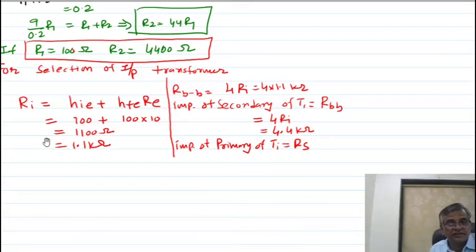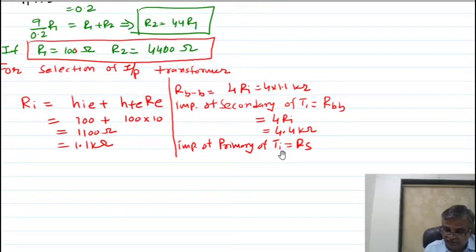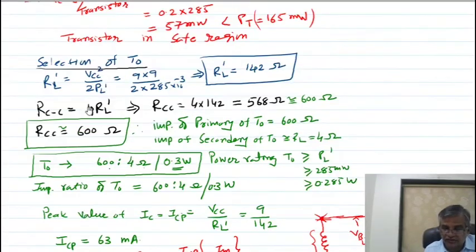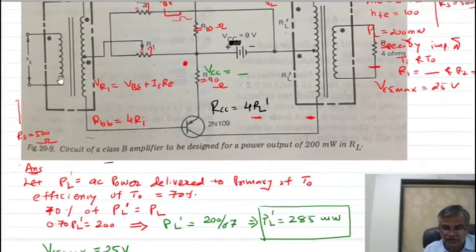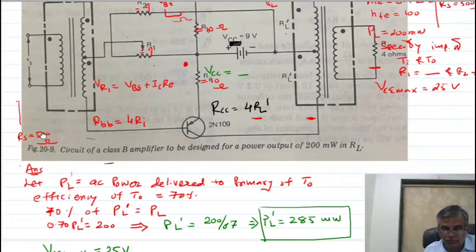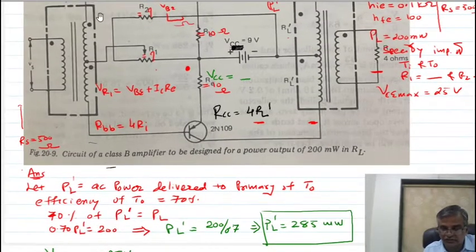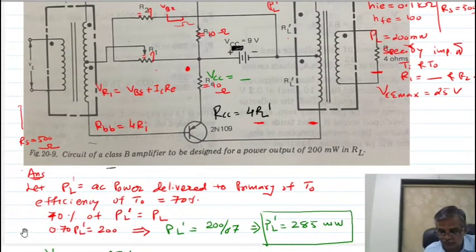According to the maximum power transfer theorem, the impedance of the primary of TI should be of the order of the source resistance, and the source resistance they have given, you can check, is 500 ohm. So this impedance should be of the order of 500 ohm, and this impedance should be of the order of 4.4 kilo ohm.